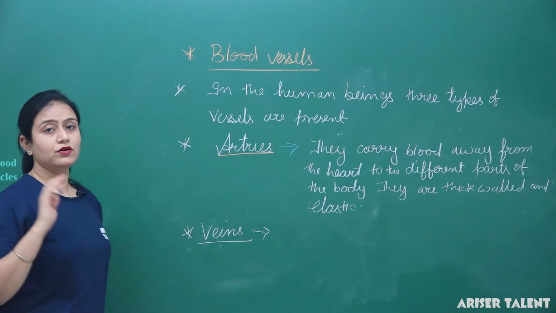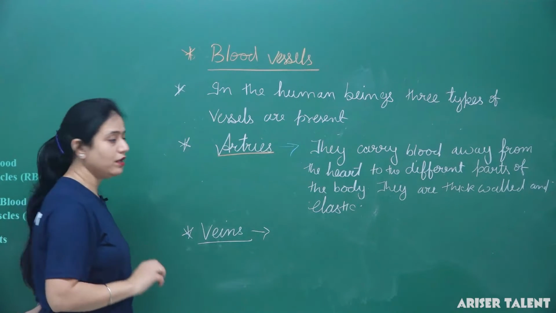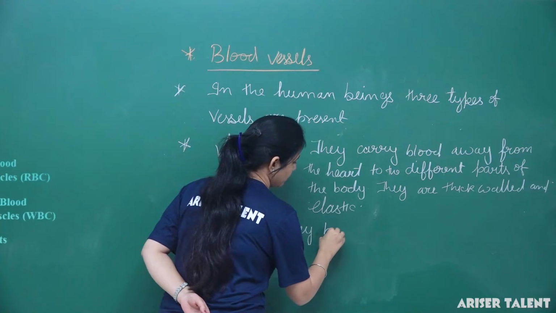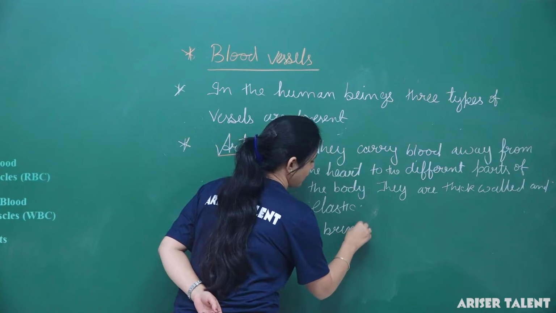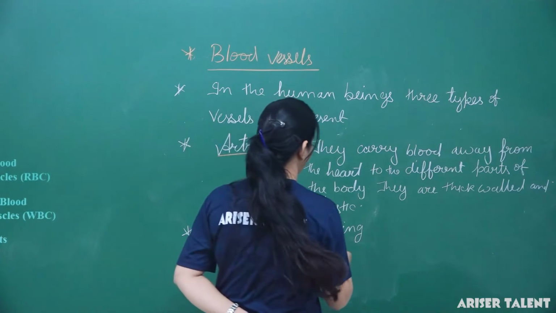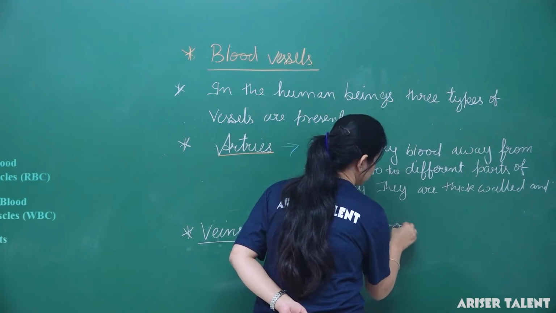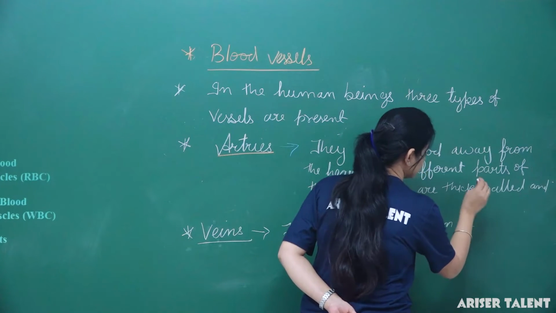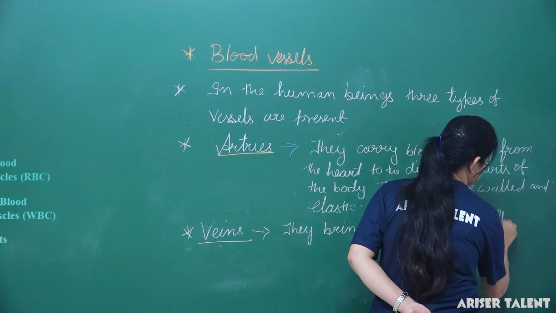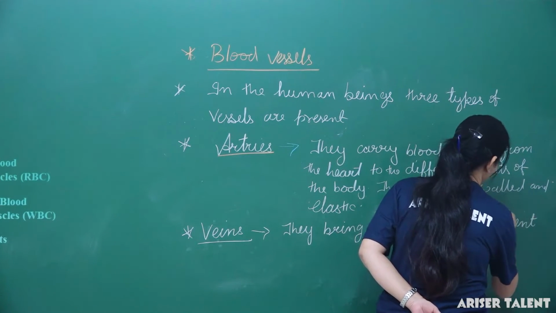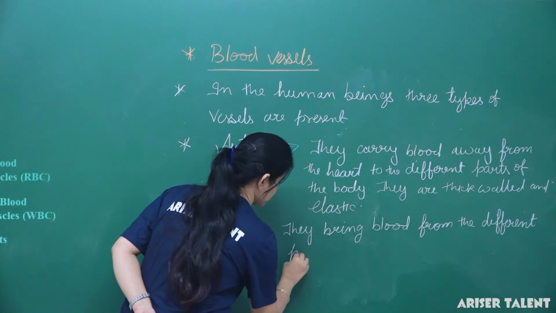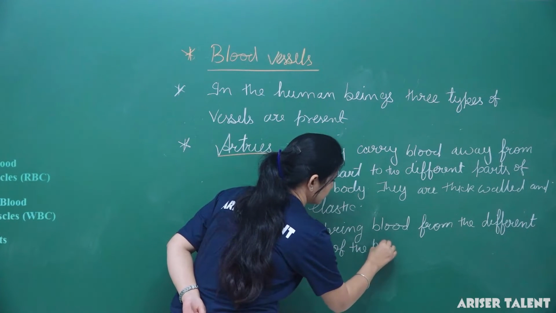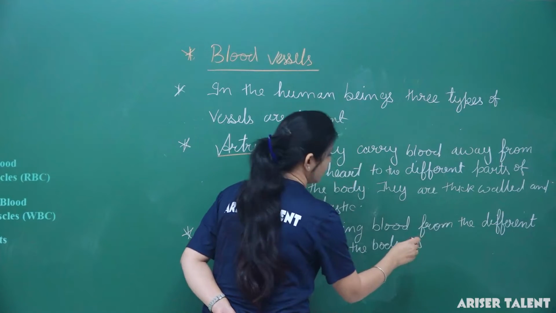Veins carry the blood from different parts of the body to the heart. They bring, or they carry, you can write carry also, they bring blood from the different parts of the body to the heart.